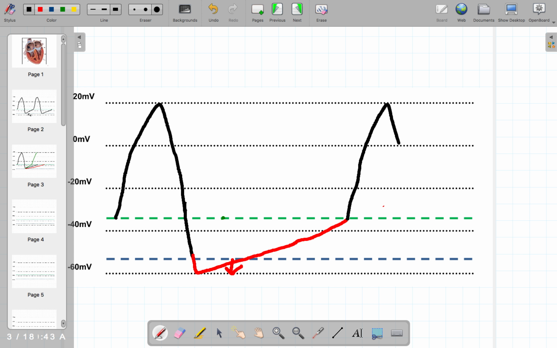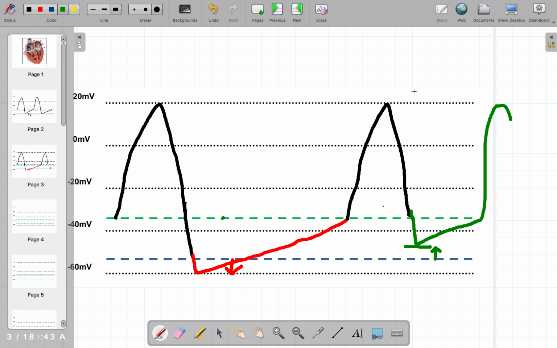We're going to start approaching threshold, but this time I'm going to increase the threshold, make the threshold of the IF current occur at a higher voltage. So we're going to move up to here. And if we do that, we reach that threshold sooner than we did previously, and the IF current opens up more quickly, and we get the action potential more quickly.